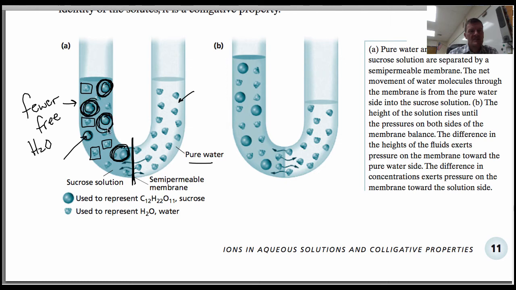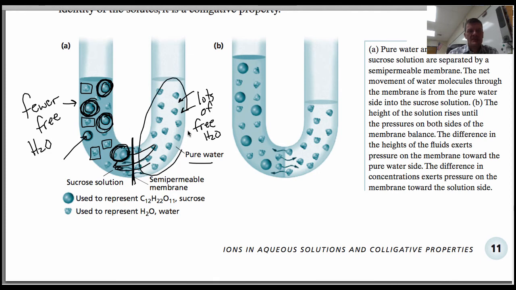They're attached to the sugar. Over here we have lots of free water. And so what's going to happen is water is going to push in this direction to try to balance the concentration of free water molecules.